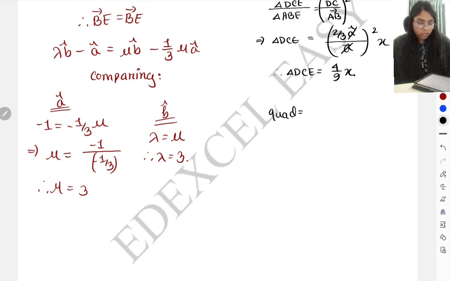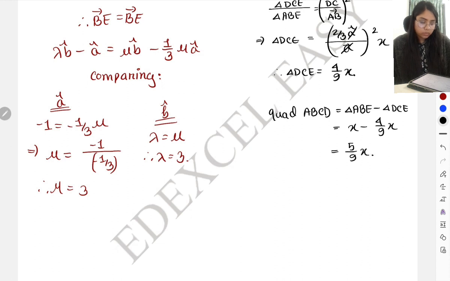I'll just write quad ABCD. That's going to be triangle ABE minus triangle DCE, which is going to be ABE is just x minus 4 by 9x, and that's going to be 5 by 9x, right?